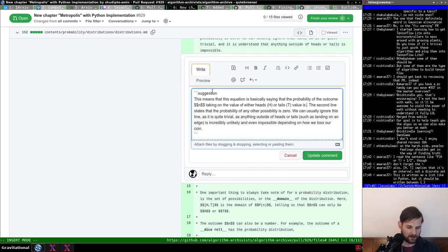And I'm going to modify this so it's frac of 1/2, so it's consistent with the equation.